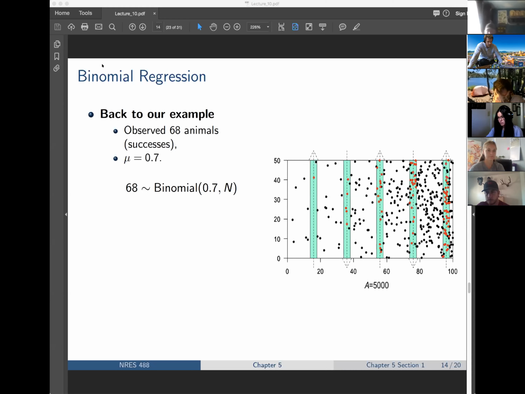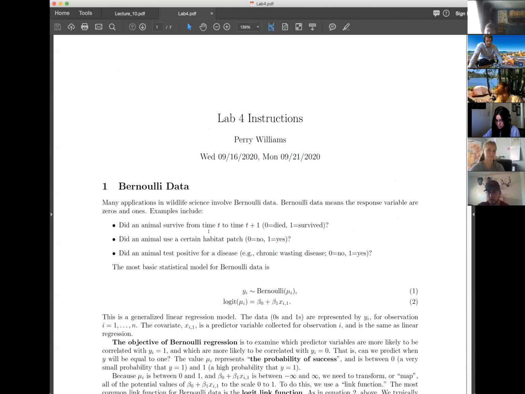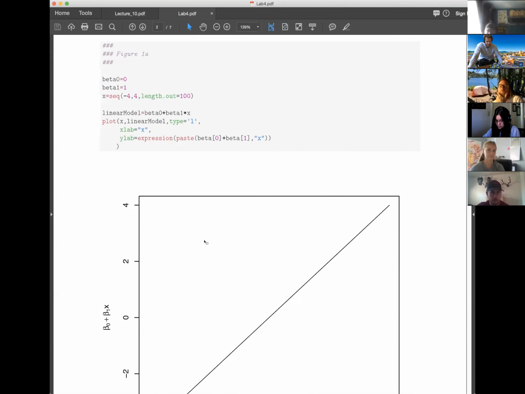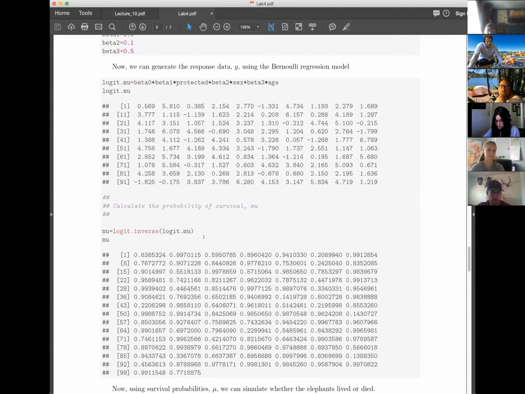Do you want the general model statement or do you want the R code hypotheses? Lab 4 or 5? 4, sorry. Okay. And question one, did you say question one, right? Yes.